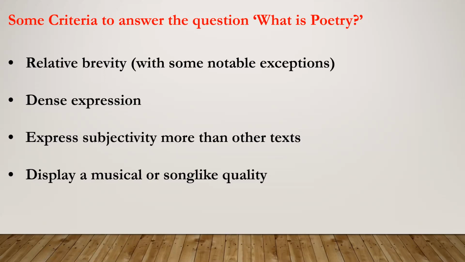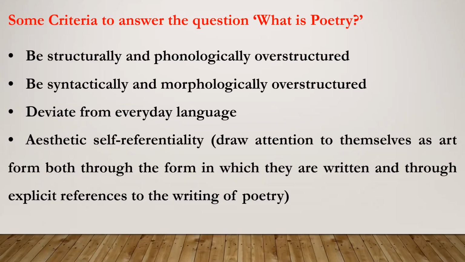Expressing subjectivity, we've talked about before, when we differentiated between subjectivity and objectivity. The musical being of a poem, or the song-like quality of the poem, is one of the most distinctive things that distinguishes poetry from other literary genres such as plays, drama, or novels.